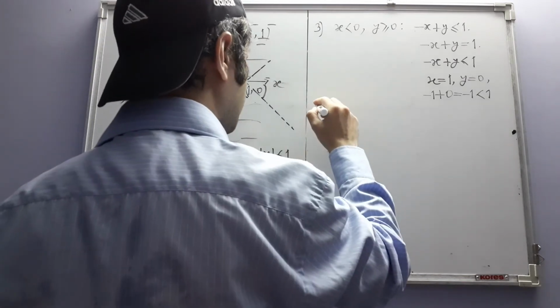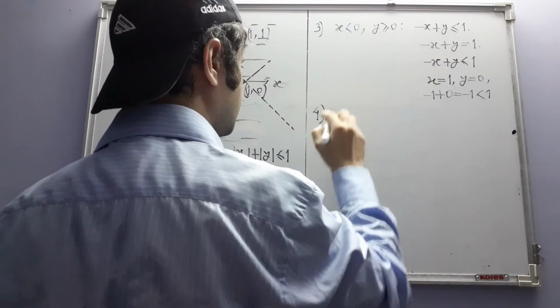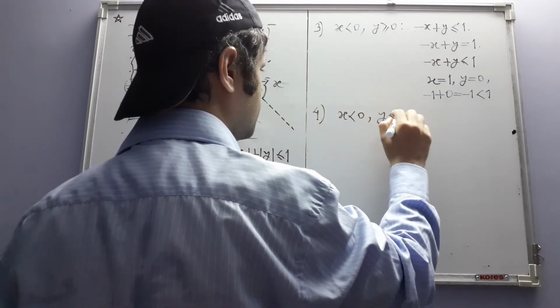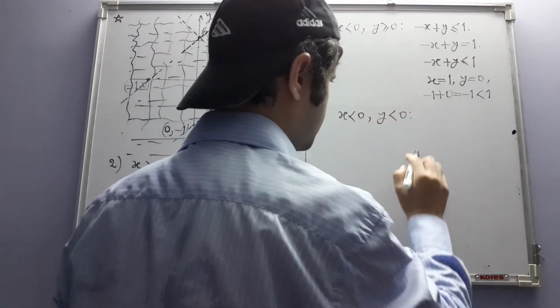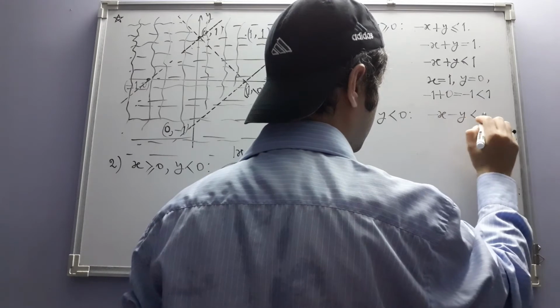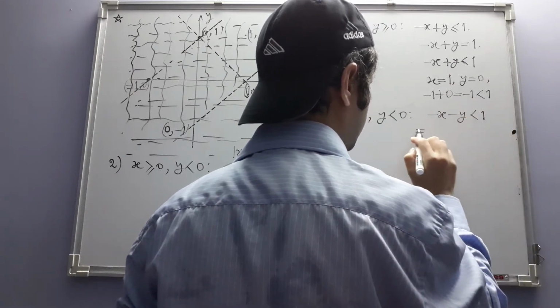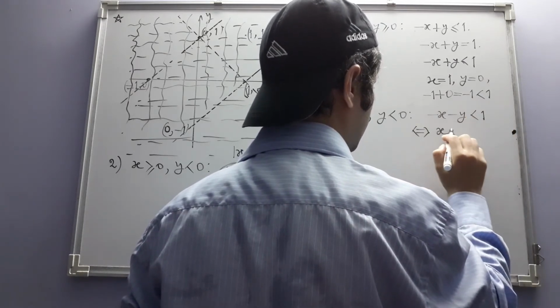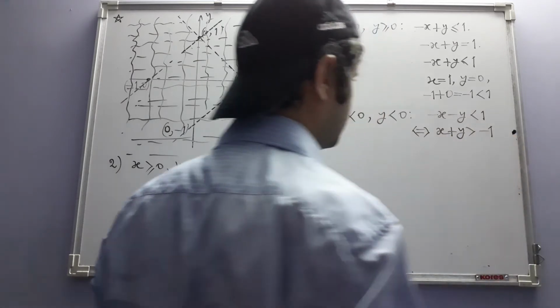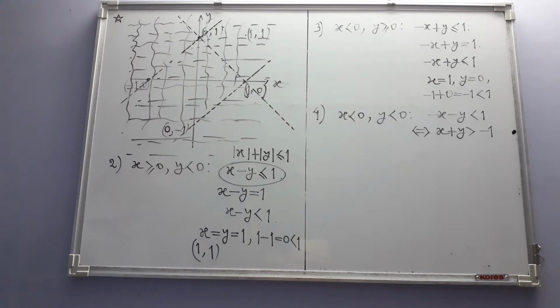And there is one more case where x and y are both less than 0. In this case, the inequality becomes this, or equivalently x plus y has to be greater than minus 1.